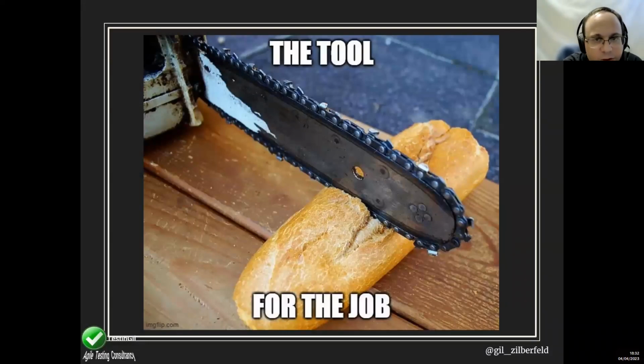Next, I'm going to talk about the tool for the job. I already showed you my test with Rest Assured, and I can do the same with Postman. But when we design tests, we're not really thinking about it, but part of what we're going to use to run the test also comes from the design, and what we want to achieve from the test is sometimes important for us. So let me give you an example.